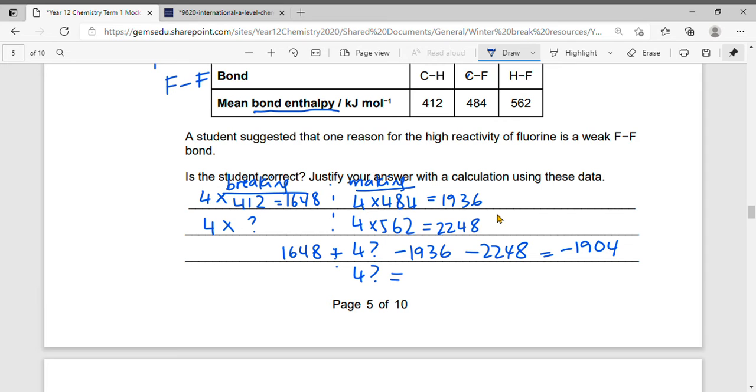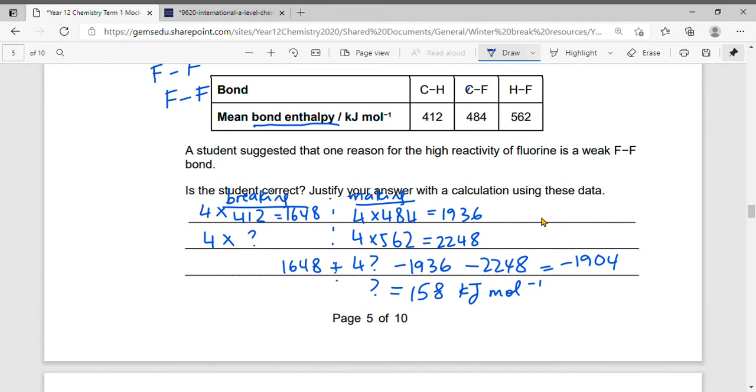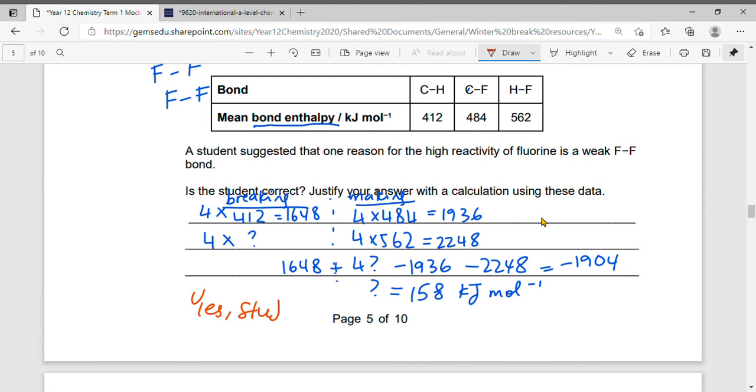It is 1904 negative plus 1936 plus 2248 minus 1648, and we're going to divide that by 4, so that the question mark is 158 kilojoules per mole. And so what does that show us? Yes, it does have a low bond enthalpy. Yes, the student is correct. Small bond enthalpy.